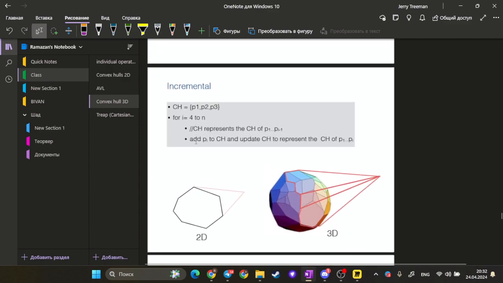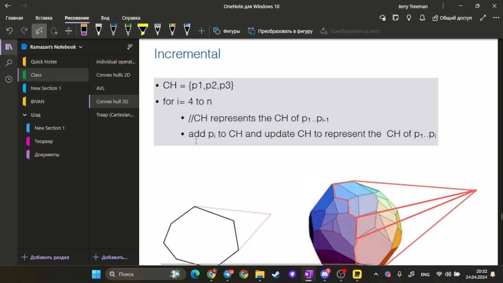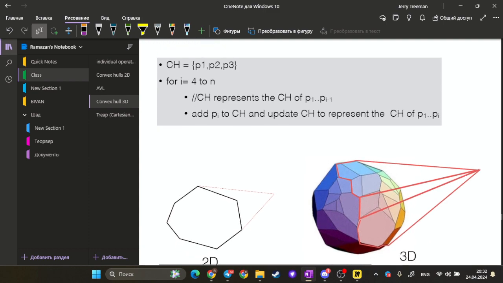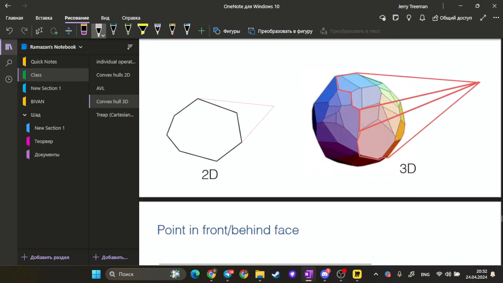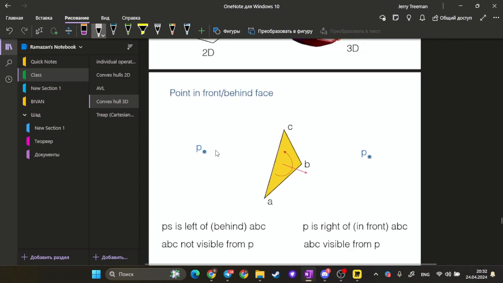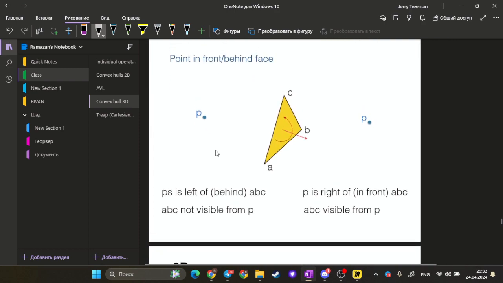So I prepared a presentation. Okay, here we have some convex hull. We already have it. We need to add a new point. How can we do it? We need to define whether the point is in front of or behind a face, as we did in the first algorithm.